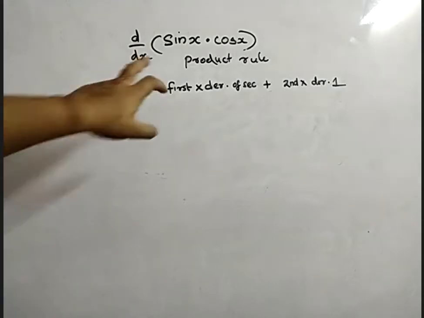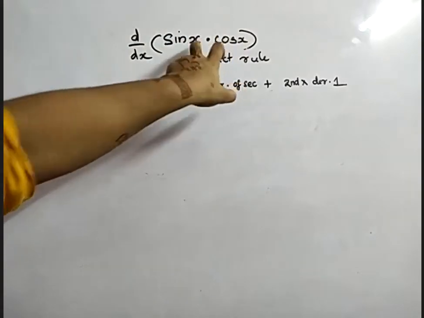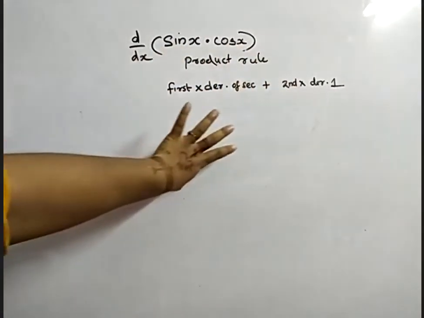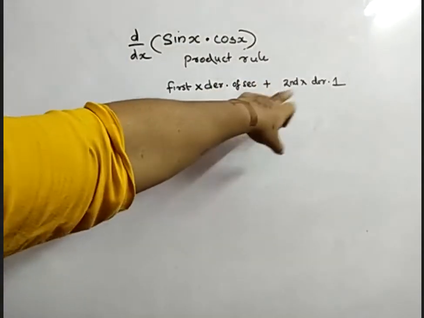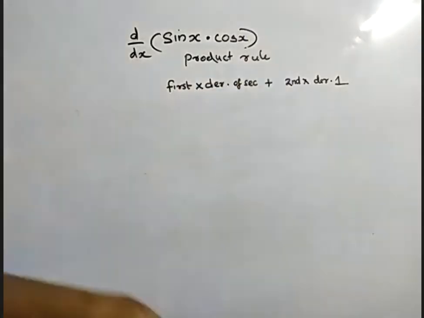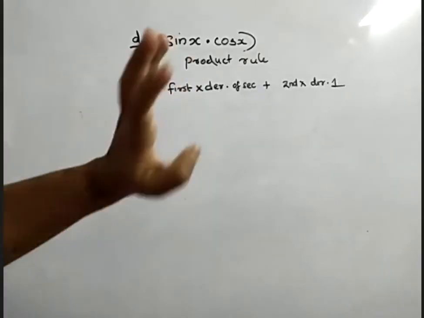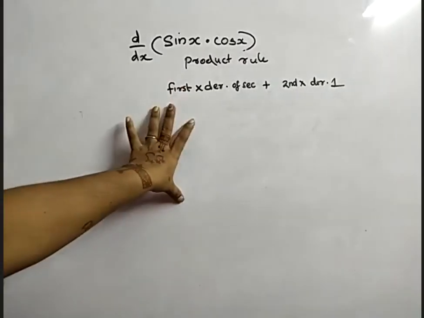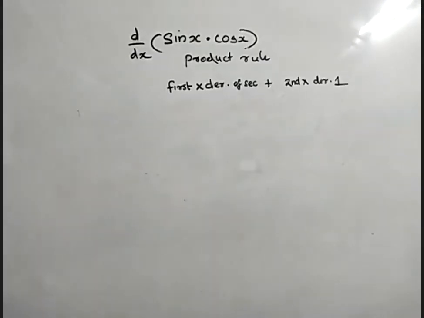If we have a product like sin x into cos x, we have two different functions multiplied, right? So in that case we use the product rule. No problem if you interchange also, that means derivative of the first function into the second function plus second function into derivative of the first, because here plus is coming. So study it as first function into derivative of the second plus second function into derivative of the first. Understood? This is the product rule.